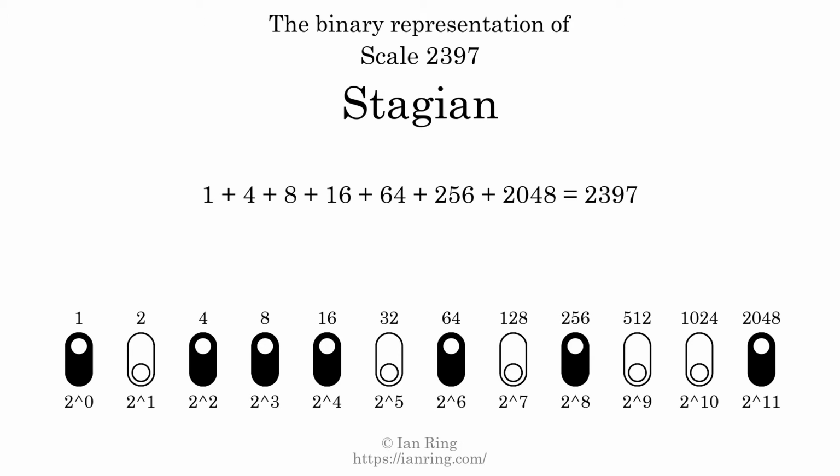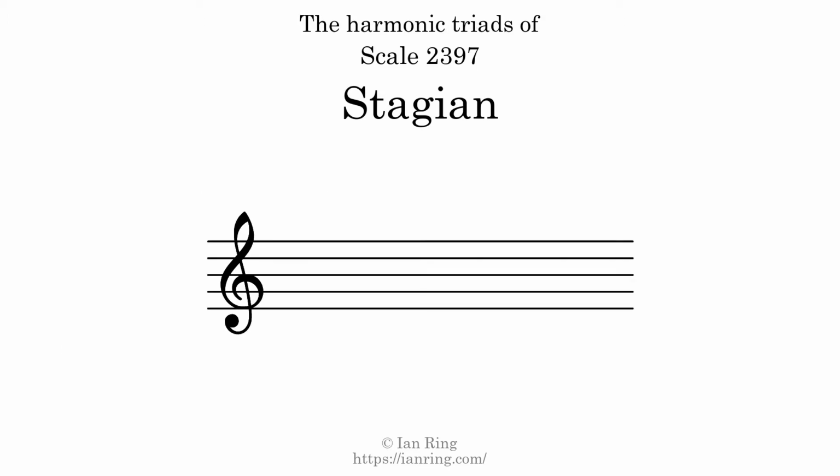That is why the scale number, in decimal, is 2397. The scale number not only enumerates the scale with a unique index, but it also literally describes the tonal content of the scale. Represented as a binary number in base 2, the scale number is 10010101101.